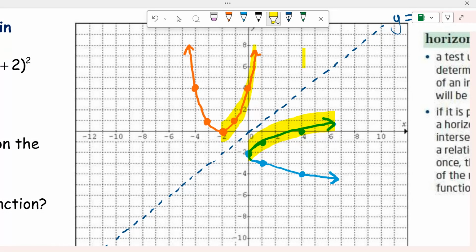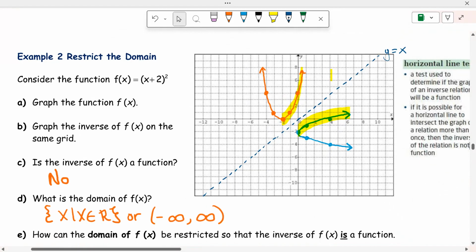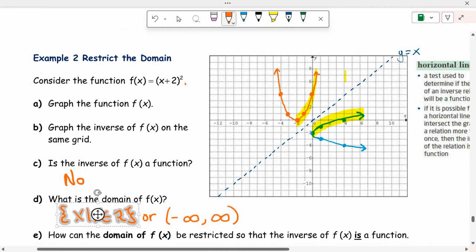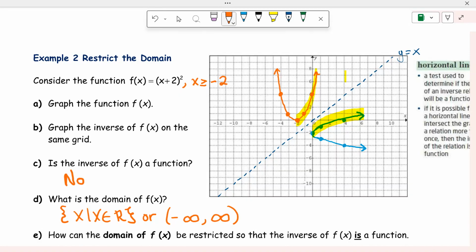If I added on to this, where x was greater than or equal to -2, you guys did this in 20-1 a little bit. If I said graph this whole graph, but only the piece, remember all that piecewise function stuff you guys did? Graph this function, but only where x was greater than or equal to -2.